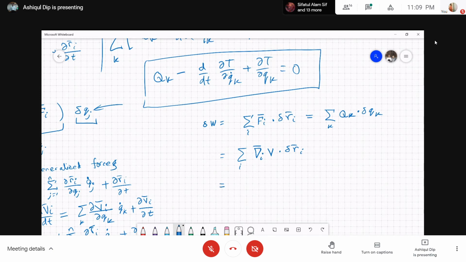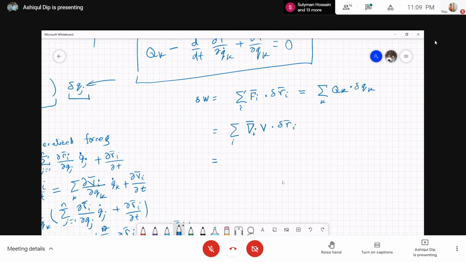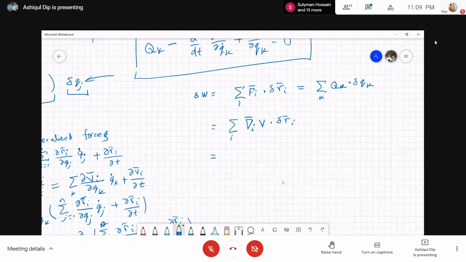By chain rule, grad V dot dr is nothing but sum over i of ∂V/∂x_i δx_i plus ∂V/∂y_i δy_i plus ∂V/∂z_i δz_i. You can write like that, just evaluating the dot product.